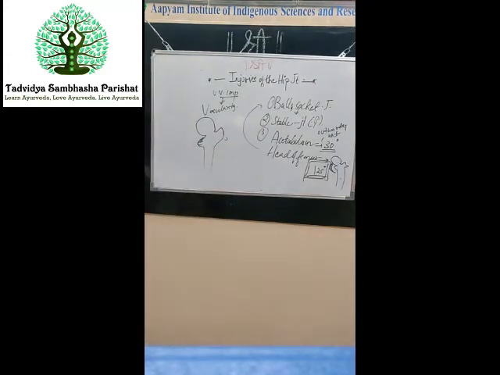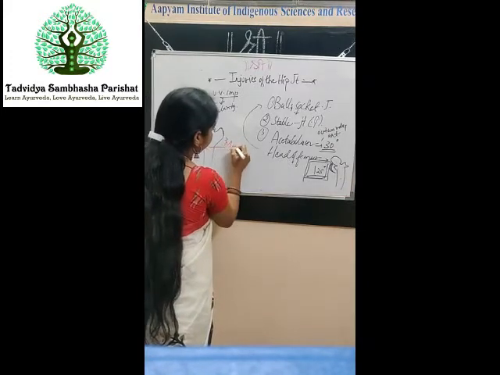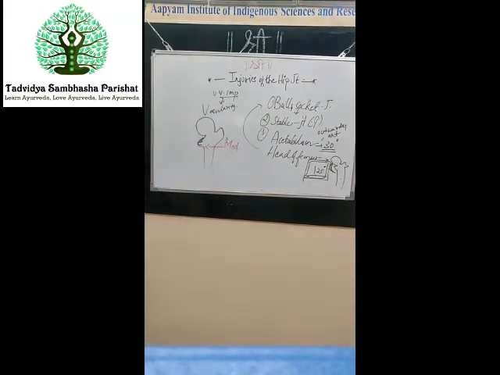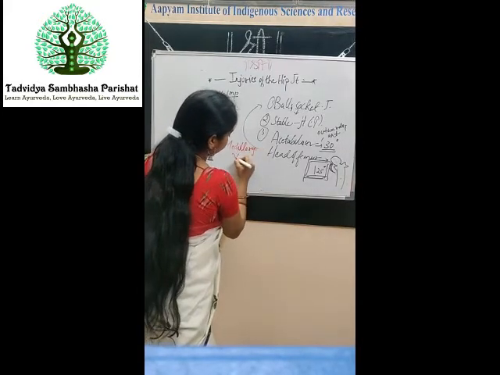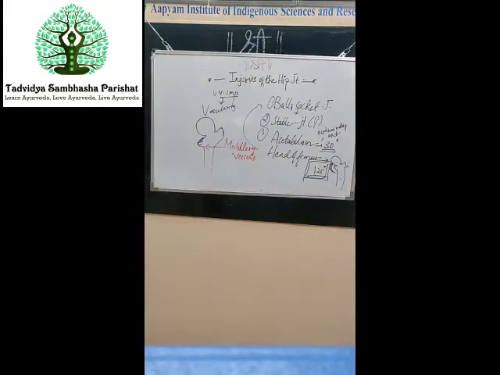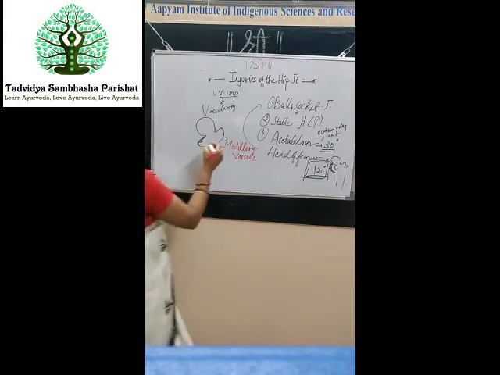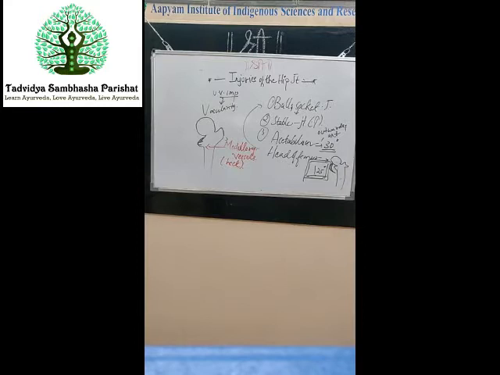The important vascular structures we have to see here are, first, the medullary vessels at the region of the neck.